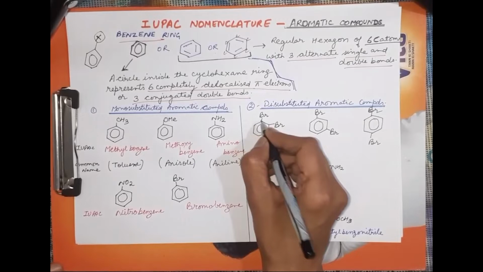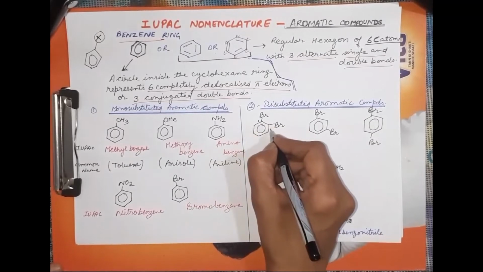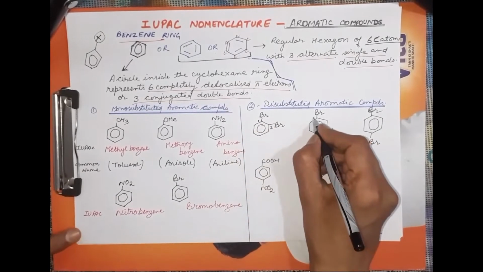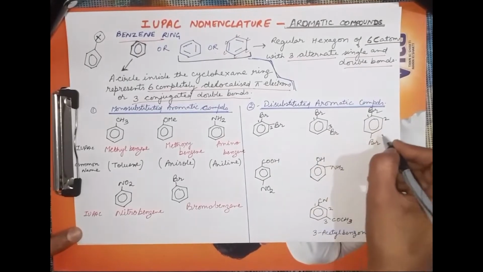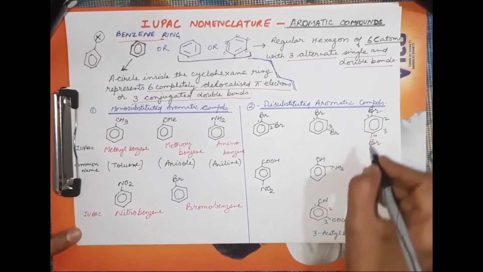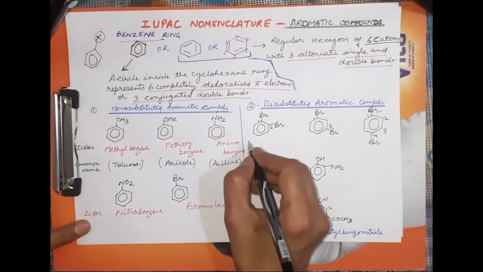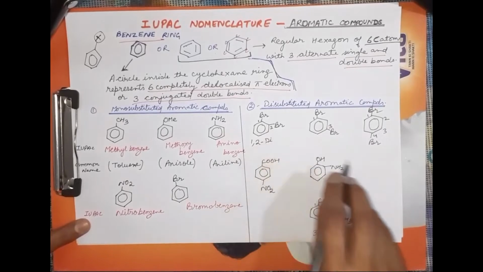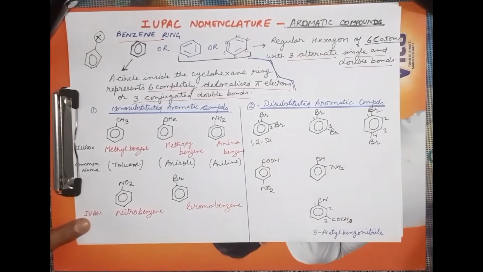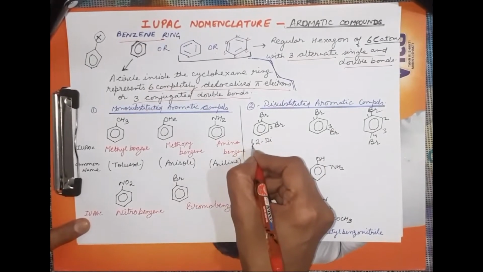We can do the numbering like this: 1, 2, and here 1, 2, 3, here 1, 2, 3, 4. For this it will be 1,2-dibromobenzene.